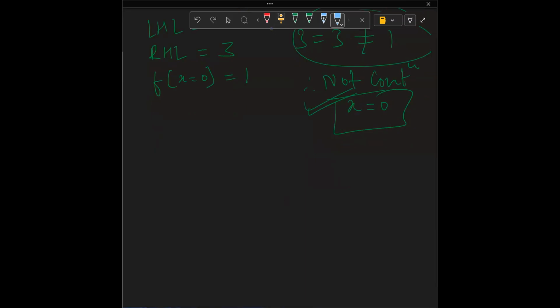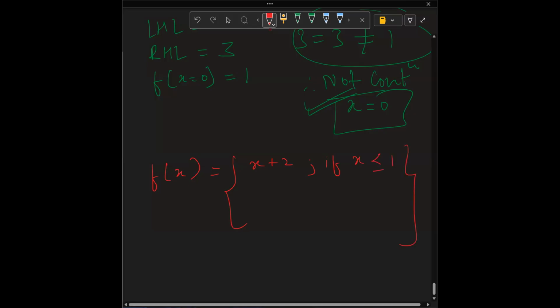Okay, so if you understood these types of questions, let's say you have a function that is x plus 2 if x is less than or equal to 1, and x minus 2 if x is greater than or equal to 1.